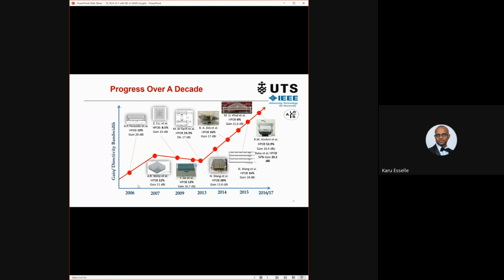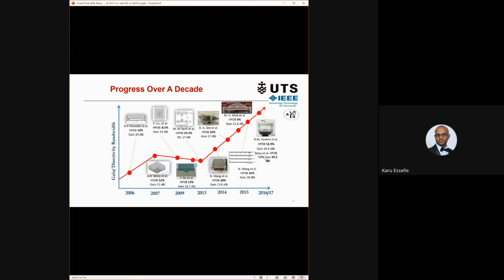And then see what happens. There's an explosion in research in this area in the next 10 years. By 2016 and 17, we had prototypes. That's Rahil Hashmi, one of my PhD students.